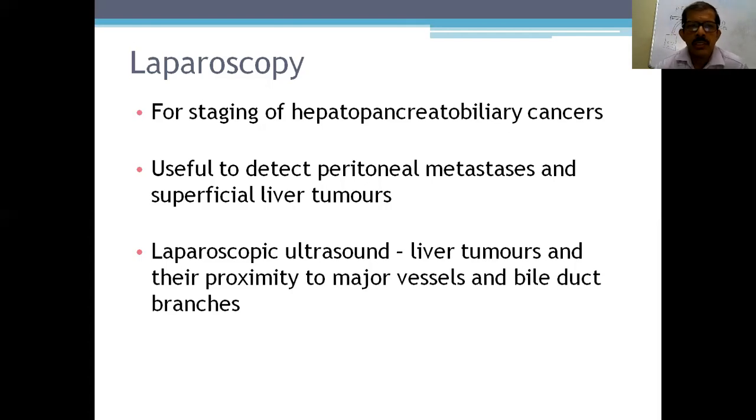So it is used for staging of hepatopancreaticobiliary cancers. Once there are liver secondaries, you have to abandon.